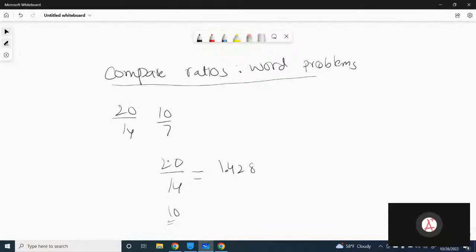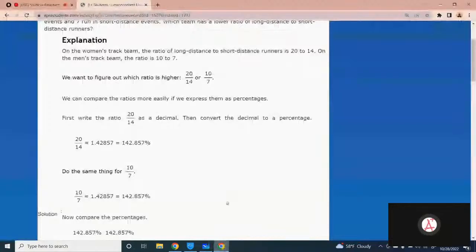And then 10 by 7 you have 1.428. So both the values are equal. Got it? That means 20 by 14 and 10 by 7, both of them are equal. So just select the correct option and then click on the OK button.